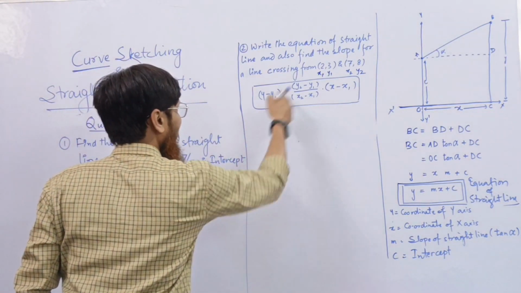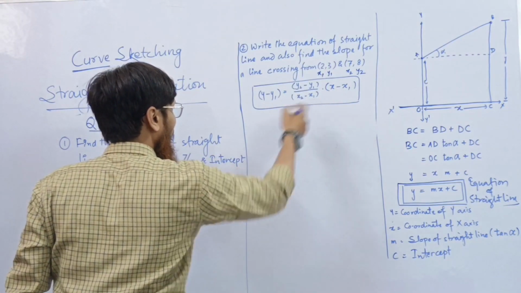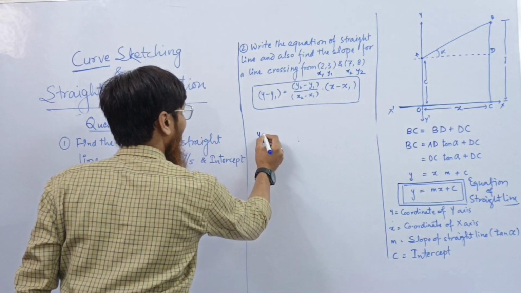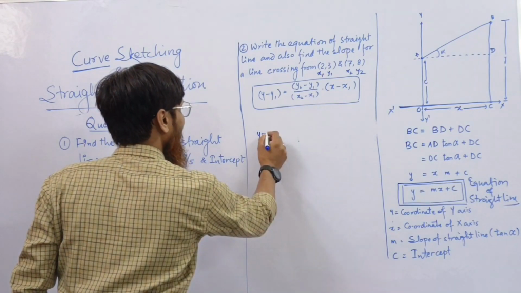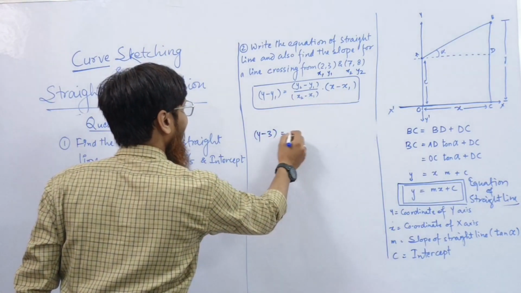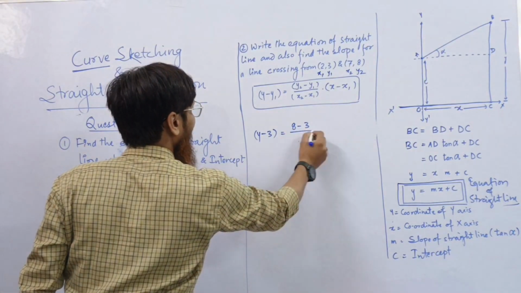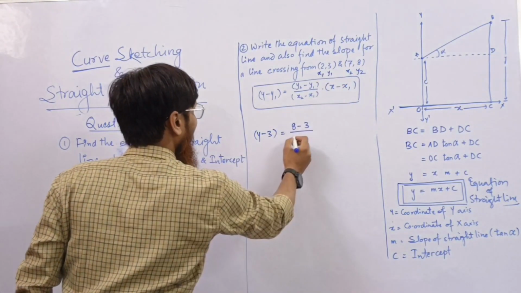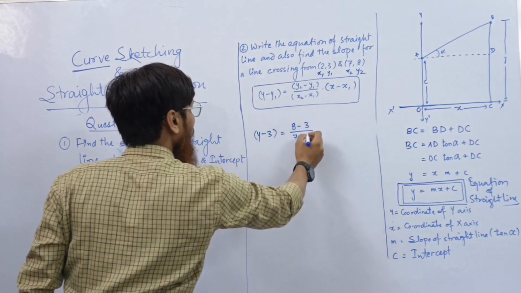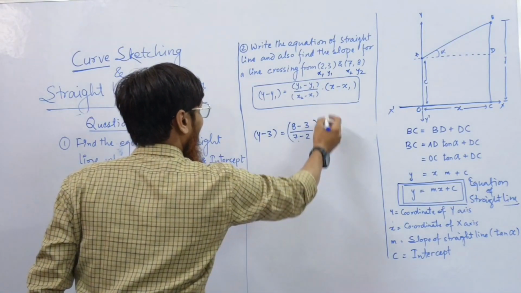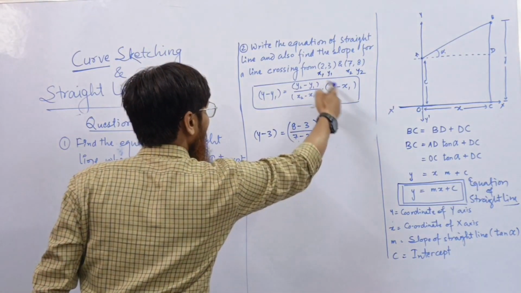So by putting the values of x1, y1 into the equation, we get y minus y1, that is 3, equals to y2, that is 8, minus 3 divided by x2, that is 7, minus 2, into x minus x1, that is 2.